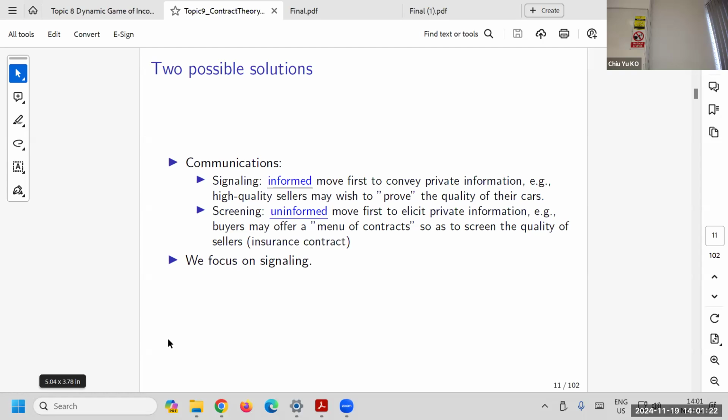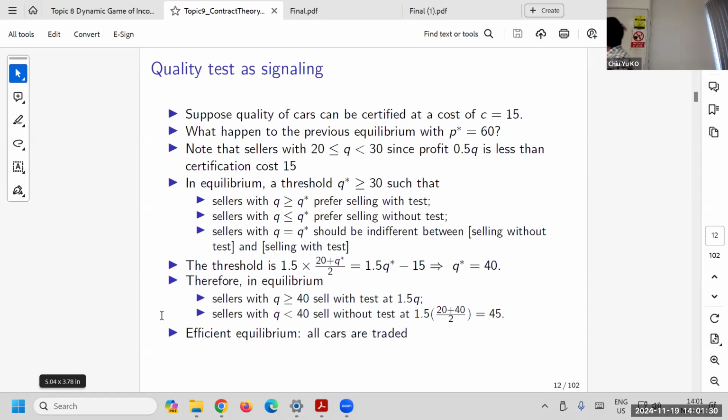Okay, but we still look at some signaling in this framework because it's also fun, and it is interesting to look at what we call the verifiable signal. The one we did just before the break is called not verifiable.